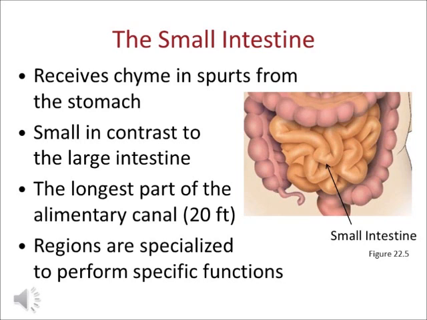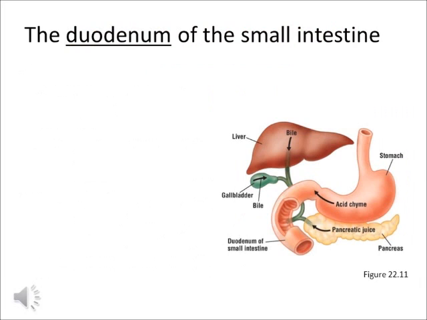The small intestine is divided into specialized regions. For our purposes, we'll divide the small intestine into 2 regions. The first foot, which is called the duodenum, and then the rest of the small intestine. The function of the duodenum is to complete digestion of your food.